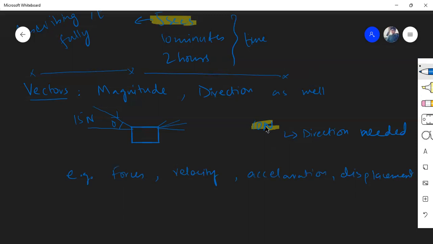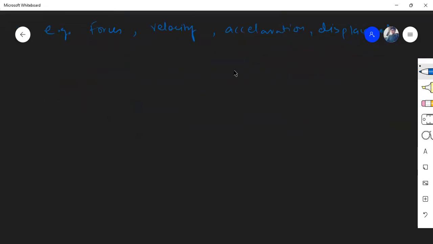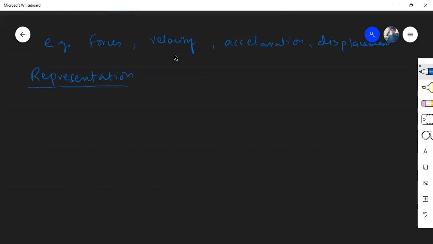Now that we have some basic idea of vectors, we can move on to their representation. Is everything that I've taught so far clear?